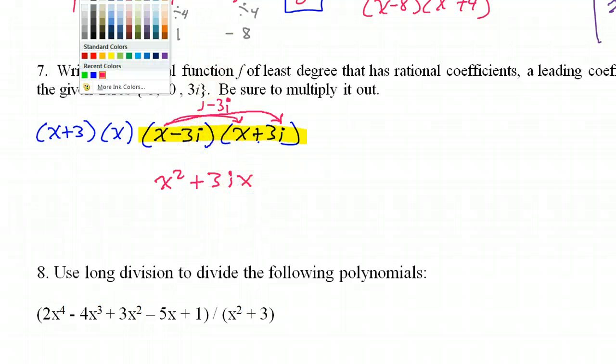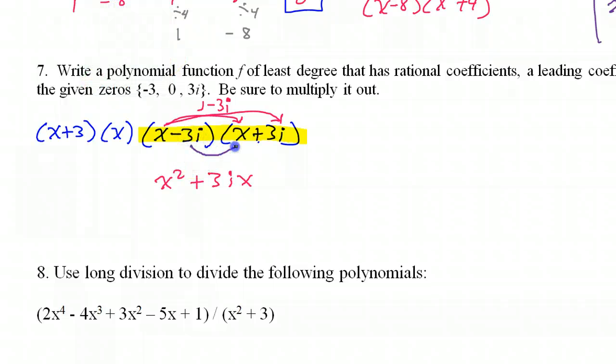Okay, now I will multiply the negative 3i times everything. Negative 3i times x is negative 3ix. Negative 3i times positive 3i is negative 9i squared.